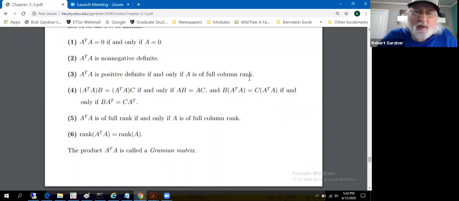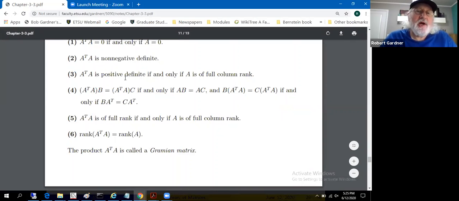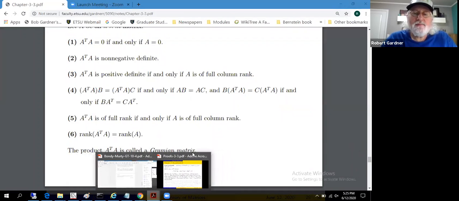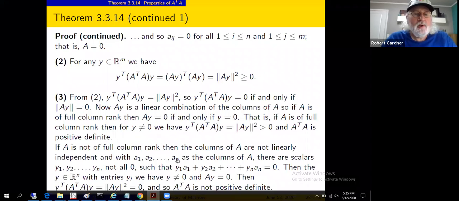Let's consider the contrapositive. So what we'll actually show is if A is not of full column rank, that will allow us to get a dependence relationship. Then A transpose A is not positive definite. And this is quite similar to what we just did. If A is not of full column rank, then the columns of A are not linearly independent. Call those columns A1 through A sub n. We can find scalars Y1 through Y sub n, not all of which are 0, such that the linear combination equals 0.